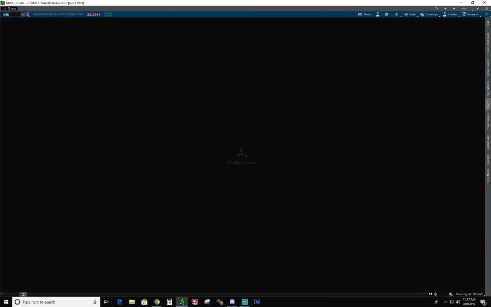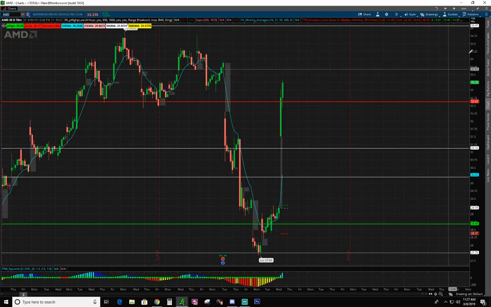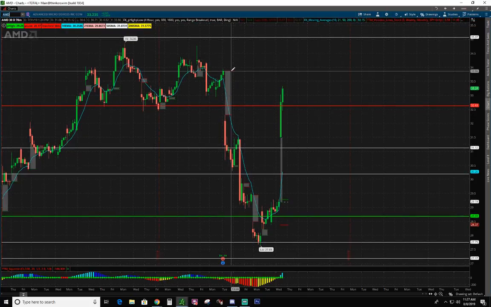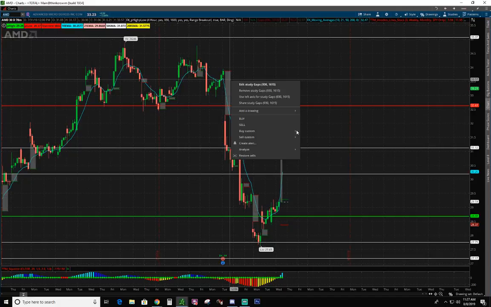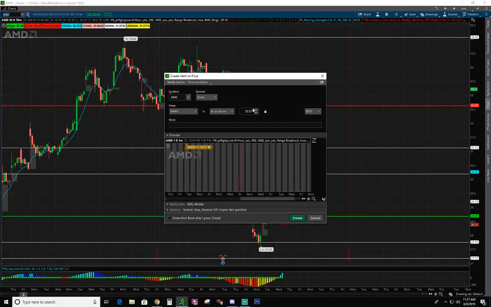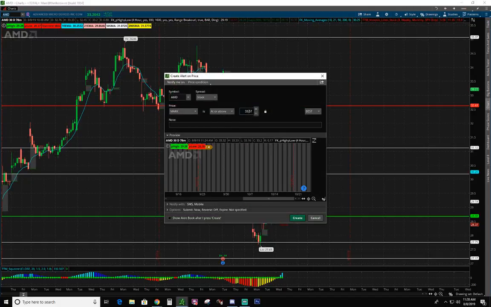Those AMDs though, that's a nice gap fill here at 33.87. So I'm going to make an alert 33.75. See where we're at. Gap fill.